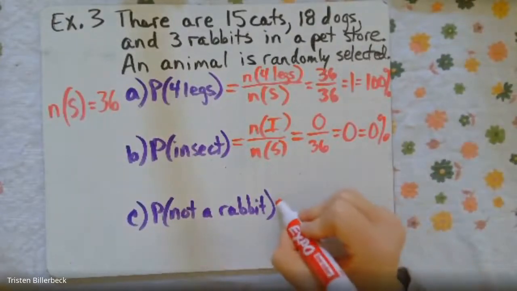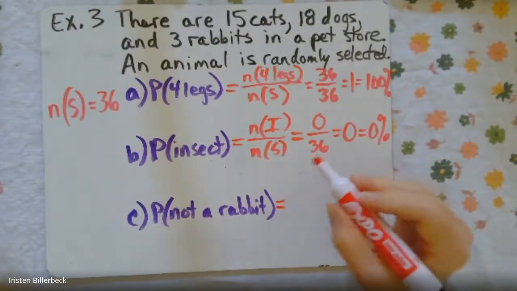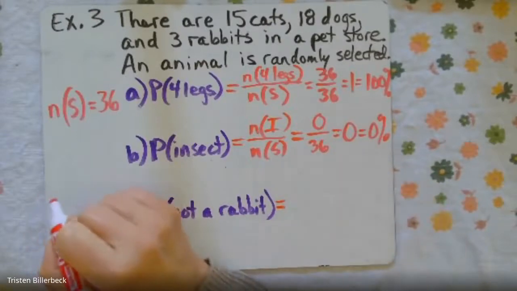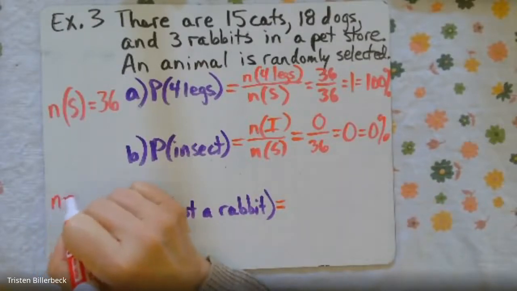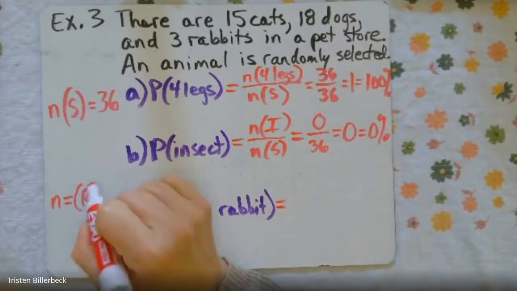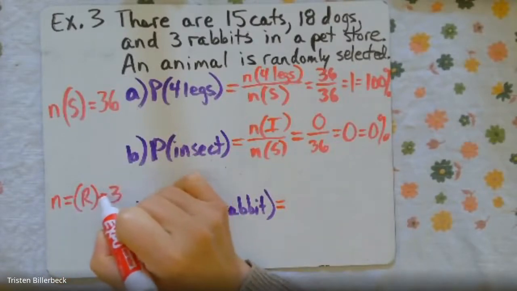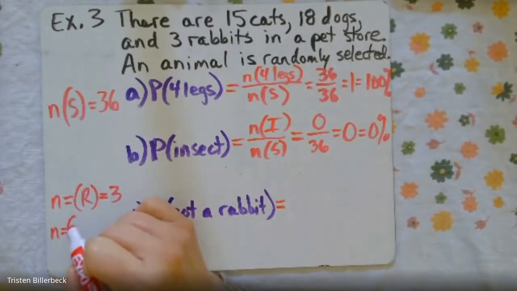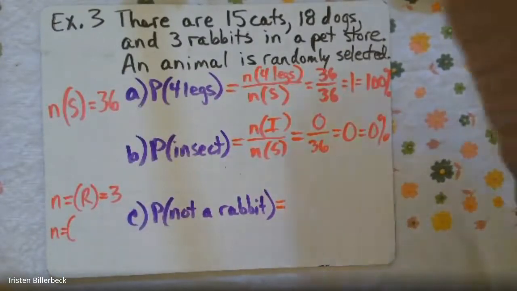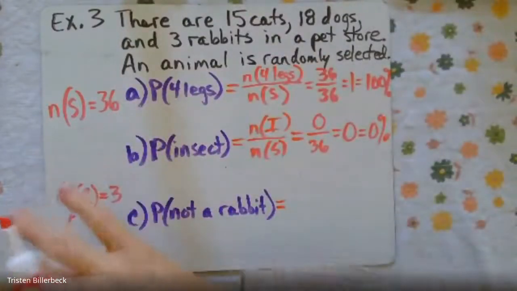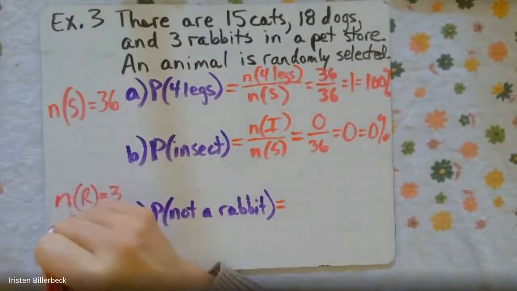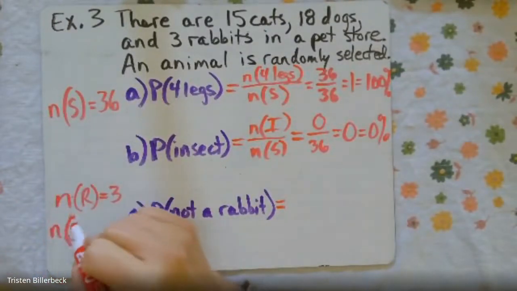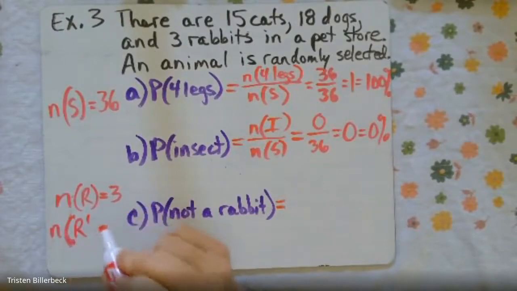How about not a rabbit? Oh, well, that gets interesting. So if we know that the number for the rabbit is 3, there's 3 of them. So the number of the complement of the rabbit, whoops, I'm writing this wrong. Don't see my eraser, so excuse me. And so the number of the complement is going to be 36 minus 3.